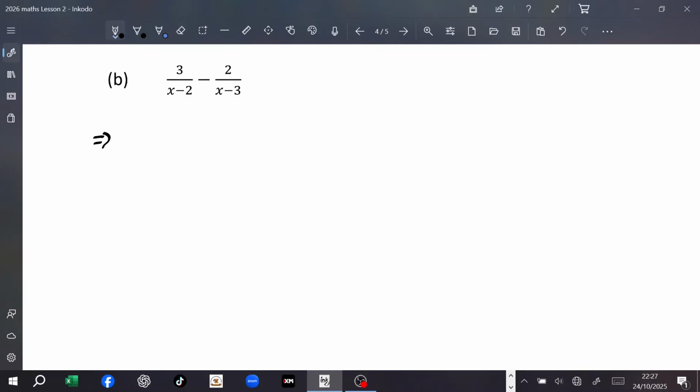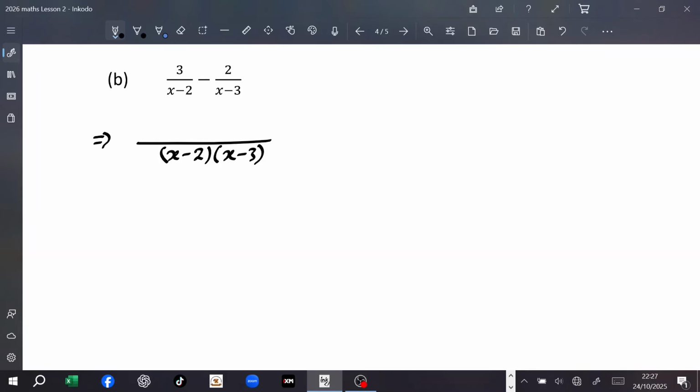So we will write the same. We'll say x minus 2, open brackets, x minus 3. They are the common one because we can't see a single term in which these can go.